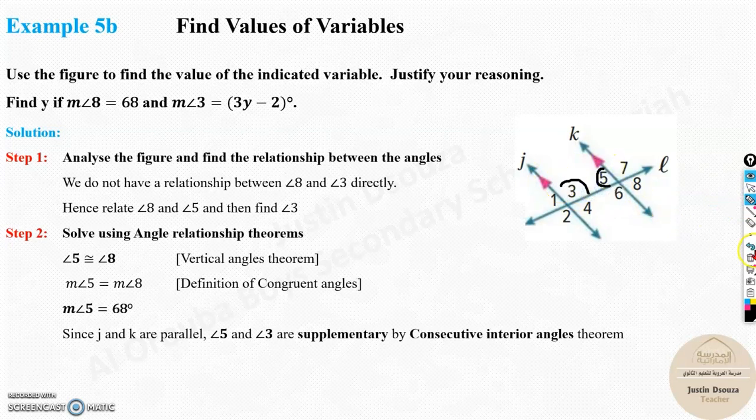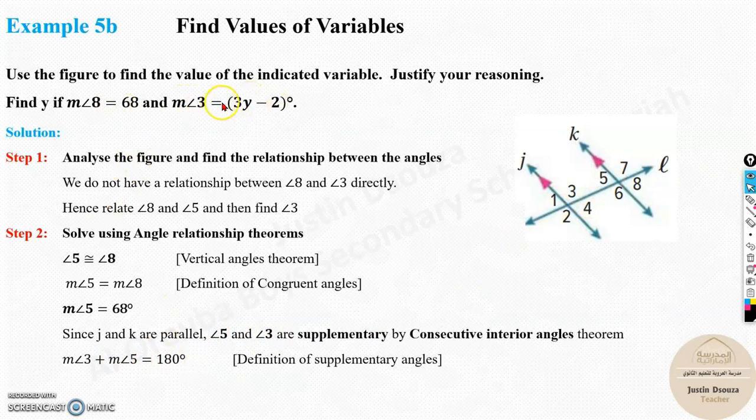Very important to remember: consecutive angles are always supplementary. That means when you add them, it will be equal to 180 degrees. So now when you add 3 and 5, you will get 180.